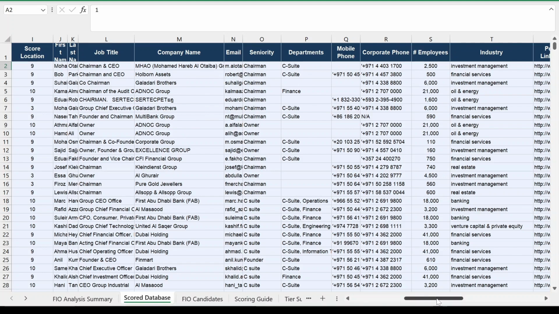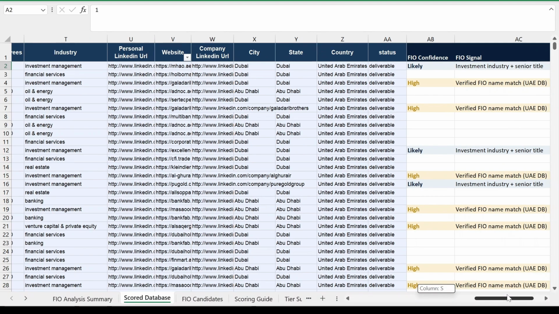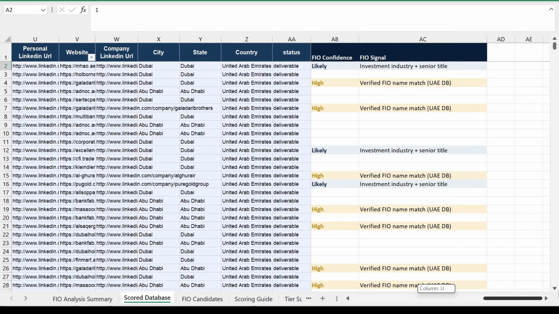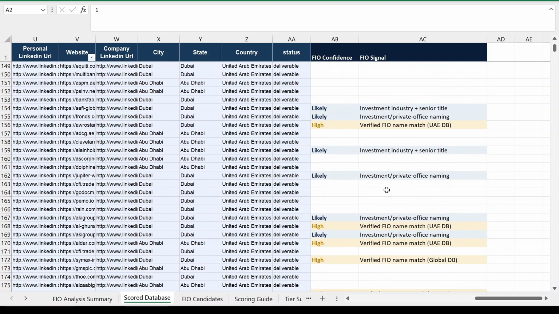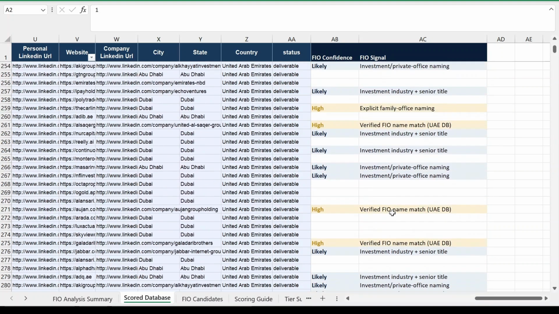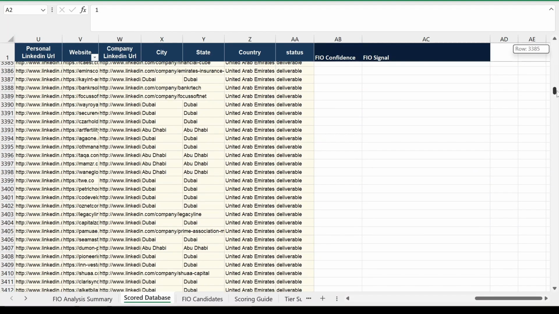Now, one thing to keep in mind about this database is there's a ton of information on here. You've got their personal LinkedIns, their company LinkedIns, you've got their websites. Now, if we scroll over to the very far right, you can see the Family Investment Office confidence and signals. So you can see here, these are the 685 that were picked as a potential relationship to a family investment office.